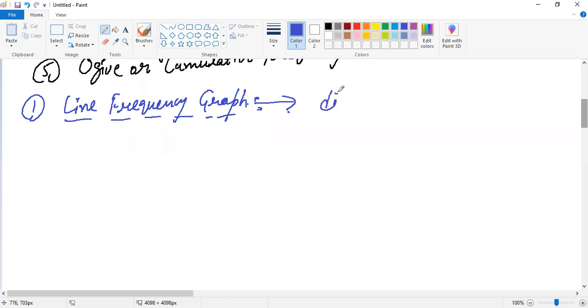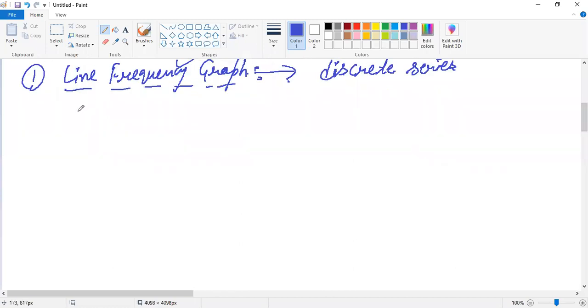So for a discrete series we make a line frequency graph. In the construction of a line frequency graph, the values of the variable are measured on the x-axis and the corresponding frequencies on the y-axis. Now students, we take an example.